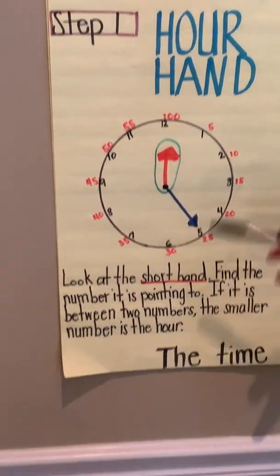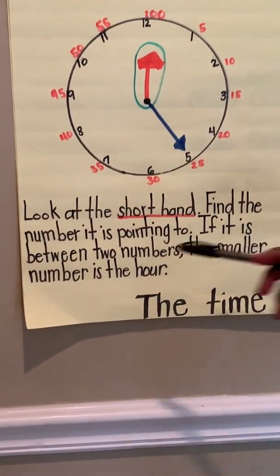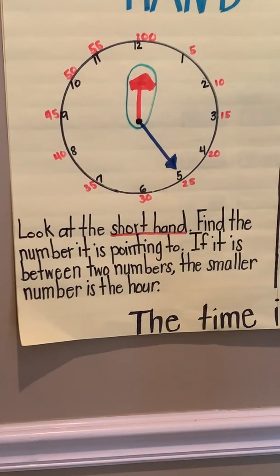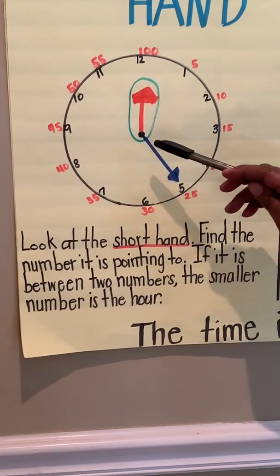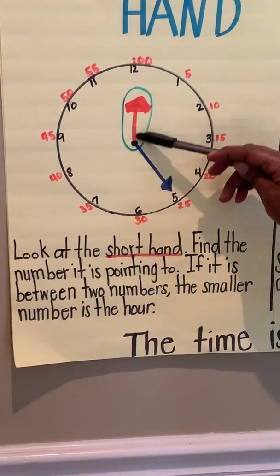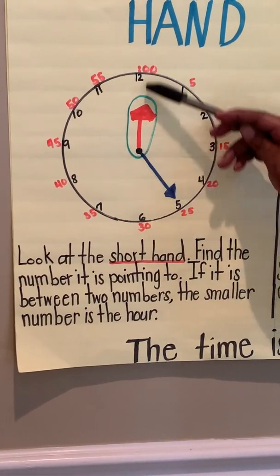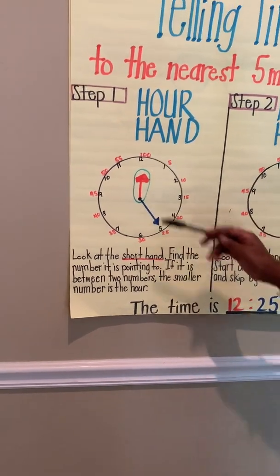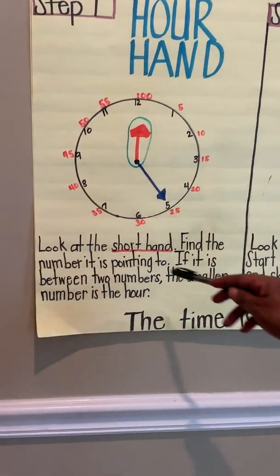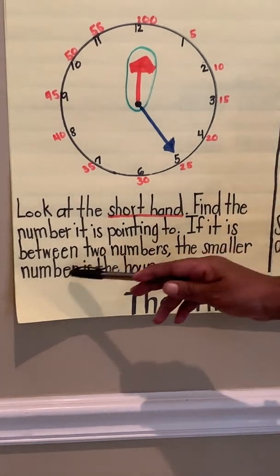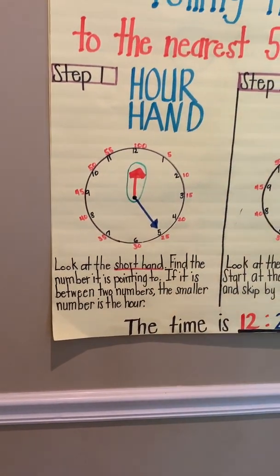It says, look at the short hand, find the number it is pointing to. And if you look at this one, the short hand is pointing to the 12. So that must mean that our hour is 12. It says if it is between two numbers, the smaller number is the hour.